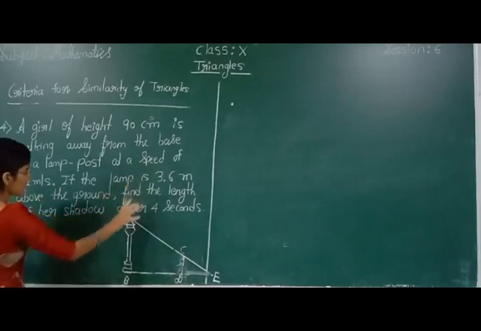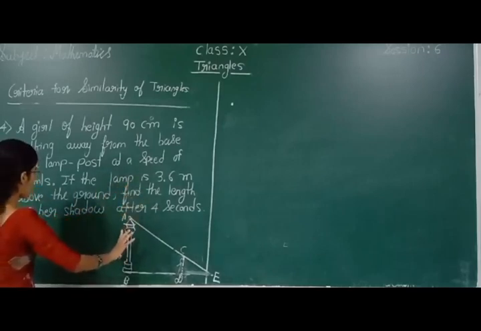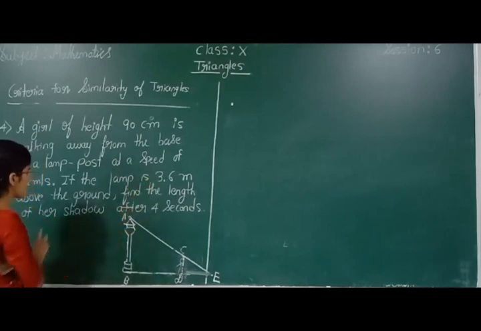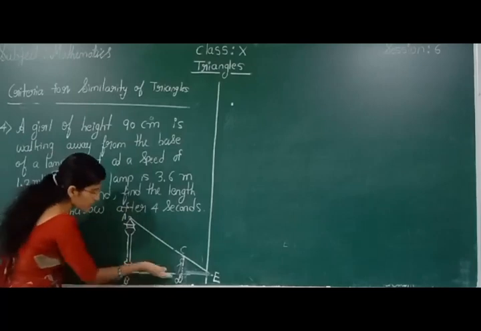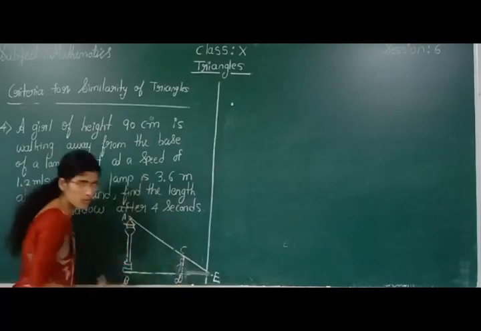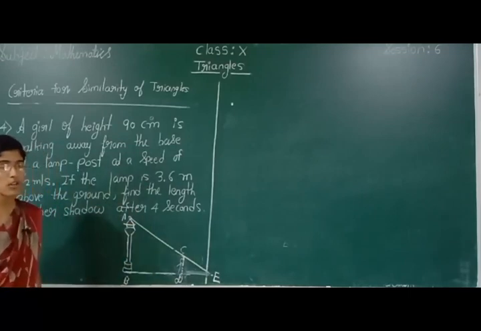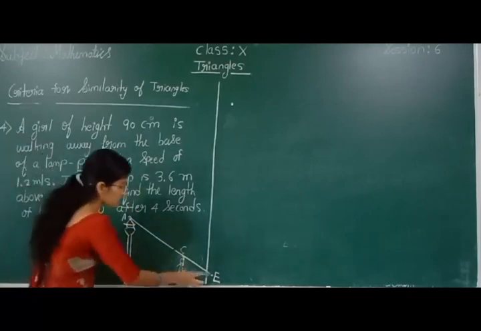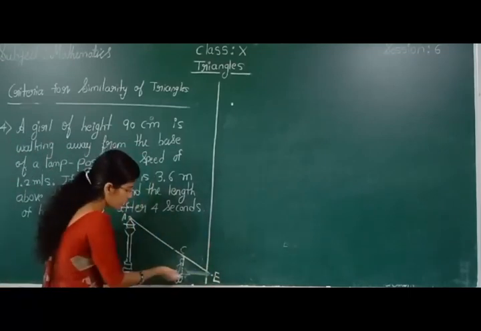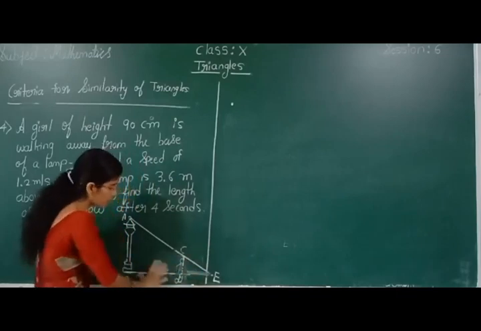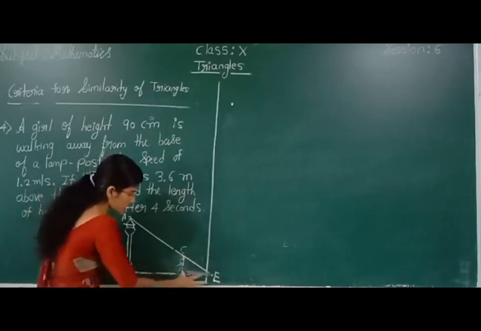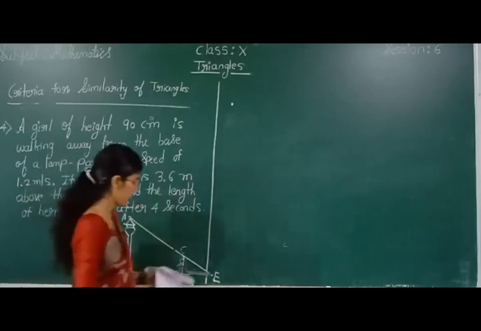If the lamp height is given, that is 3.6 meter above the ground, find the length of the shadow after 4 seconds. After 4 seconds, what is the length of the shadow? We have to find the distance of DE. We have to find the shadow of the girl after 4 seconds.